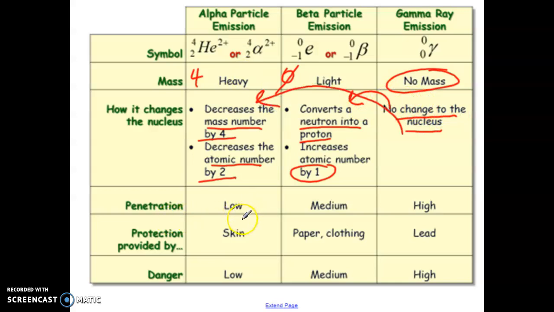Now in terms of the particle itself, what we mean by penetration here is how far it can go through human flesh, through tissue. So alpha particles actually cannot go into human tissue at all. Your skin is enough of a protection barrier because it's such a low danger level.